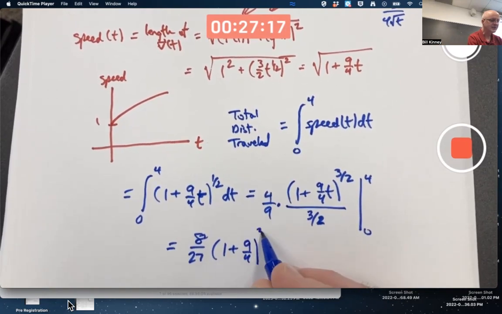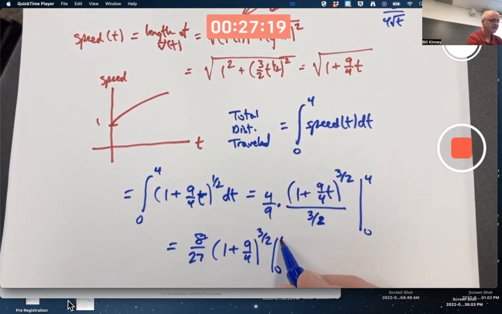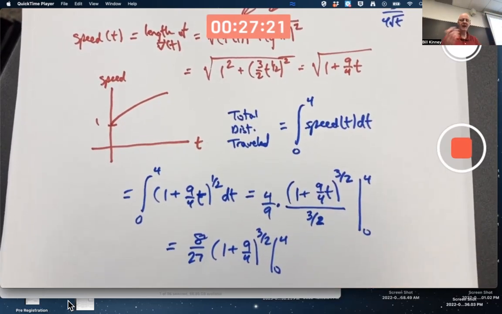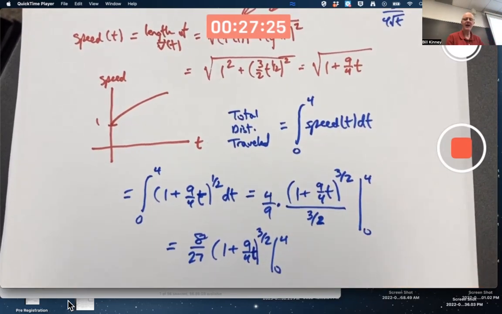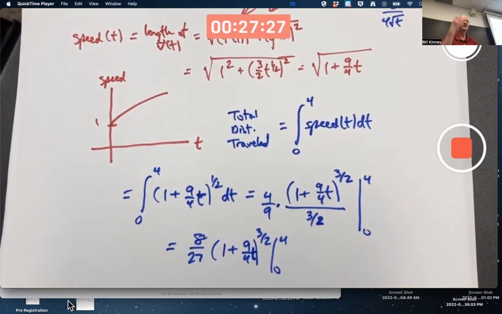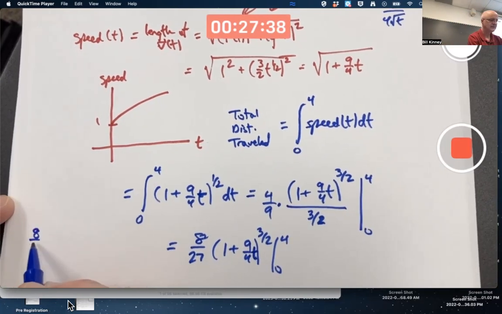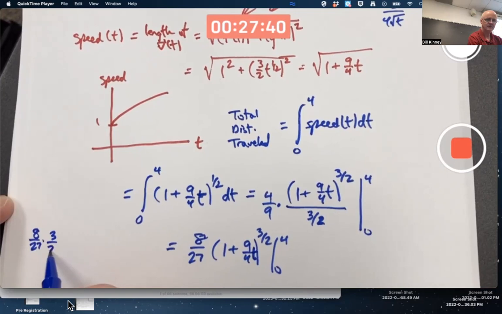Yeah, let's imagine differentiating this in our minds. We bring that 3/2 down. Just forgot my T in there. We bring that 3/2 down, we get 8/27 times 3/2. That's 4/9. The 3 cancels with the 27 to leave a 9.